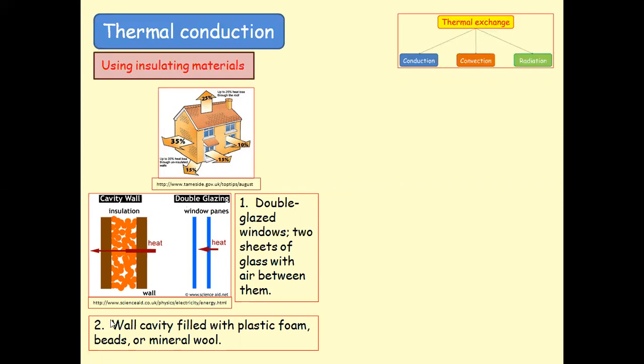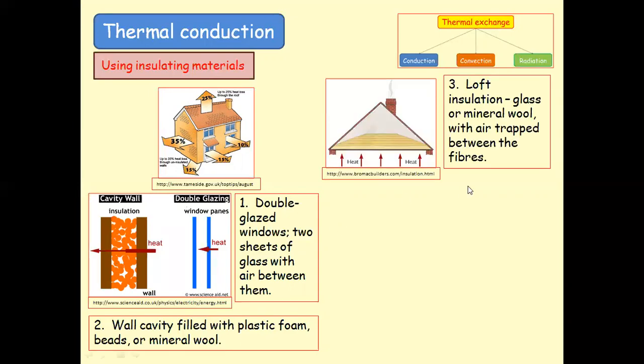Another application here is the cavity wall. As you see, we have 2 walls here, and in between the 2 walls we have some plastic foams or beads or mineral wool, and this will help to improve insulation and reduce conduction. Another application here is loft insulation.